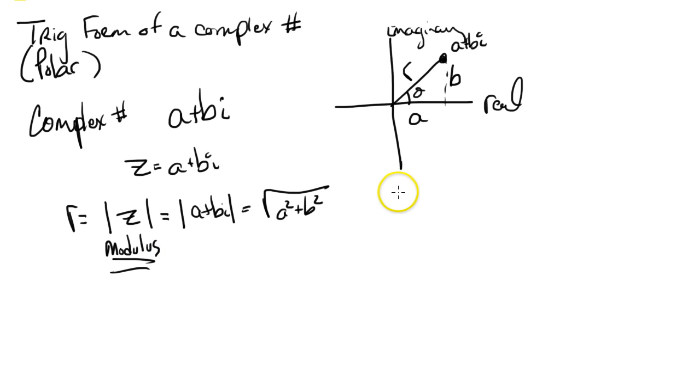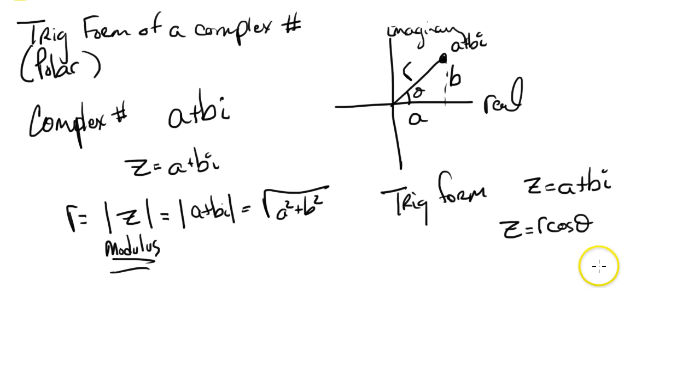So the trig form of a complex number. Now let's put this in trig form. So we start out with z equals a plus bi. And then we're going to say z equals, a is really r cosine theta, just like we did. And the b is r sine theta. And then we have this i sitting over here.